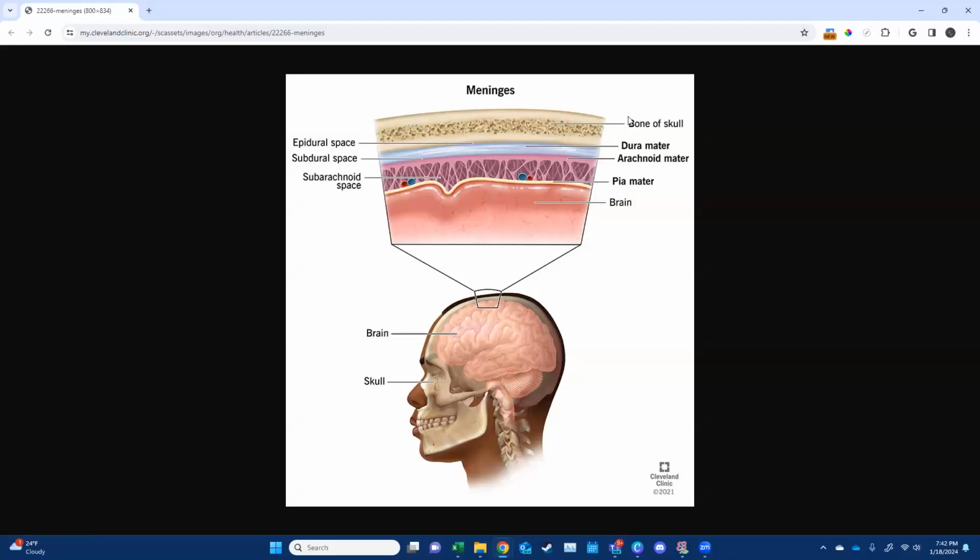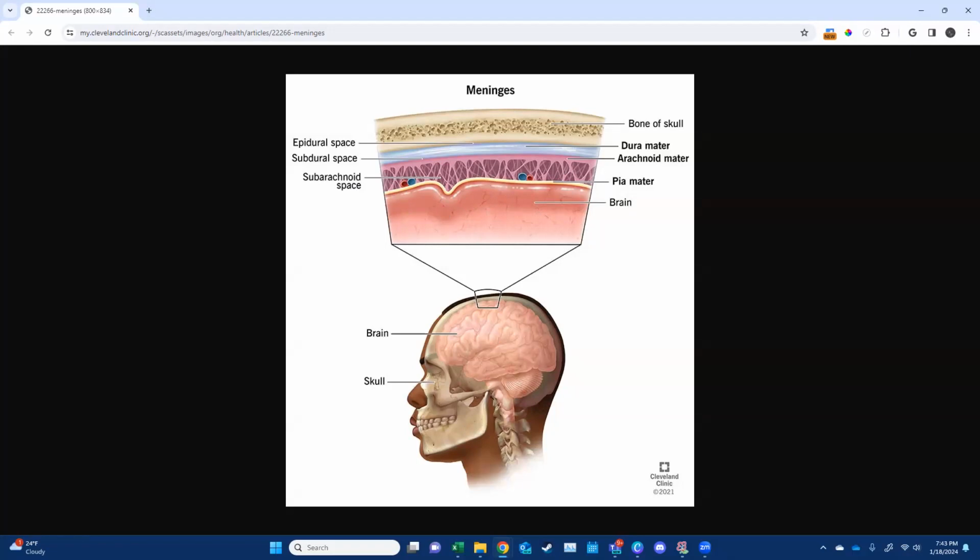So you have the skull itself, then you have this subdural space that is filled with different kinds of fluid, and then you have this network space of the subarachnoid, which is keeping the brain connected to the hard skull.